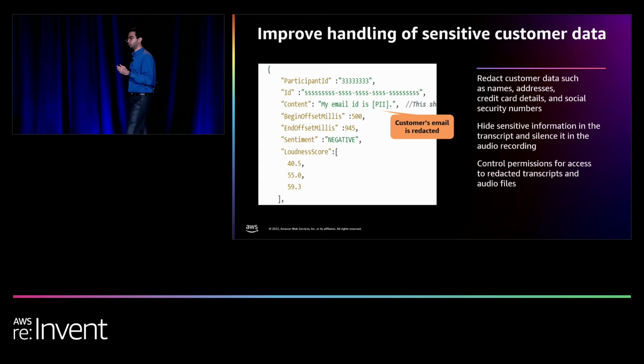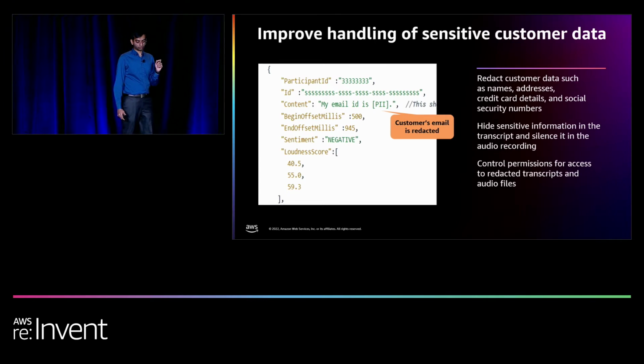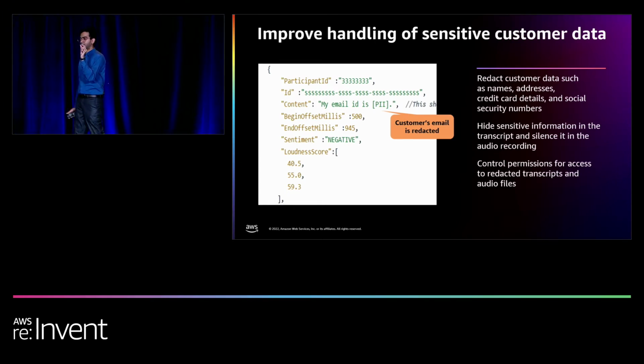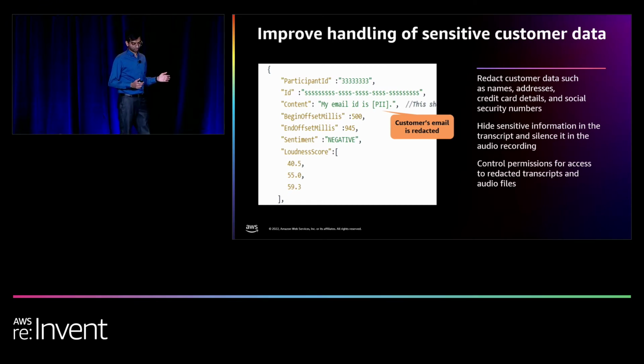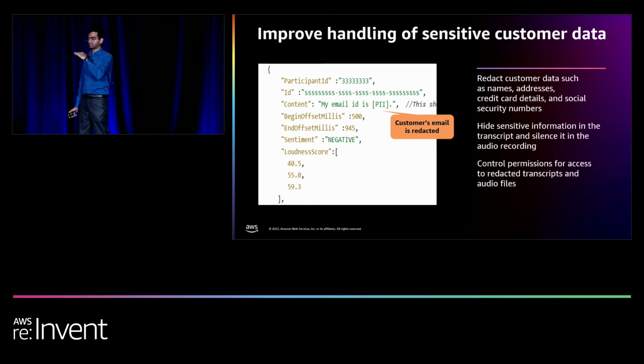Now, redaction removes sensitive information not just from the transcript, but it also removes that information from the call recording. So for transcripts, the sensitive data is masked with the word PII, whereas for something like call recordings, wherever you find an audio segment where the PII was mentioned, we take that segment of audio and we silence it.